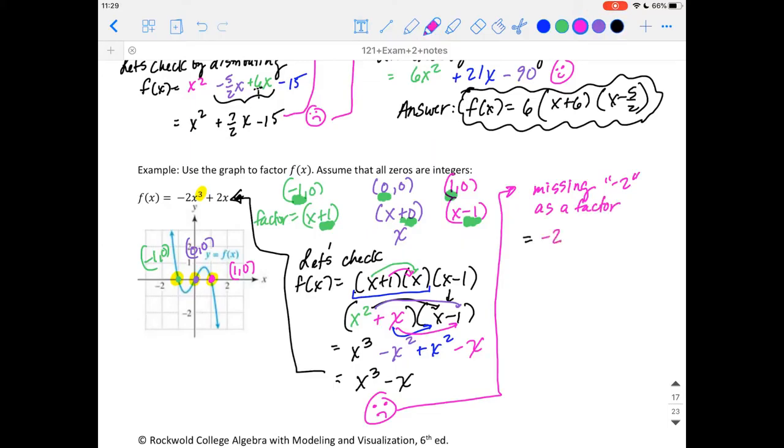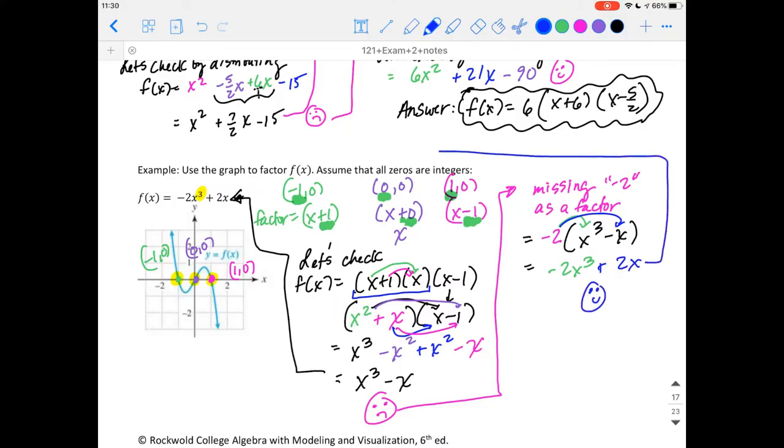So we're going to do negative 2 times (x cubed minus an x). And if we distribute, we're going to get negative 2x cubed plus 2x, and then we're happy. Because this right here is that right there.